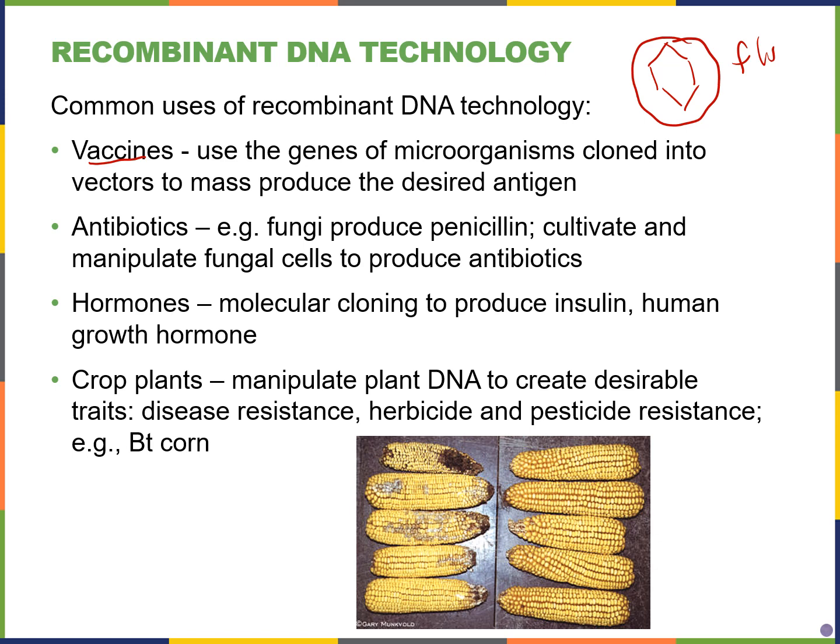simplified version of this, but in essence, when you're making vaccines, what you want to do is take a piece of the flu, and I only take a part of the flu virus because I don't want the whole thing. The whole thing can make me sick when it's intact.